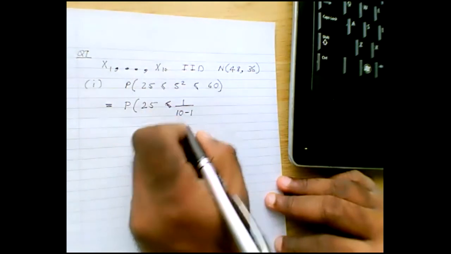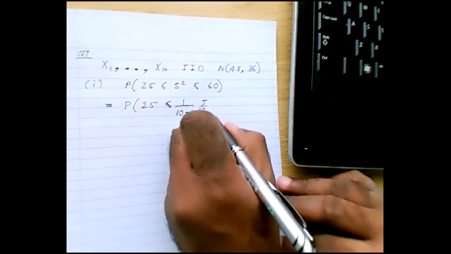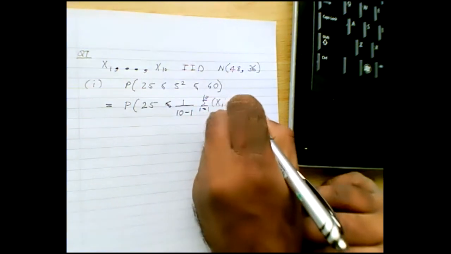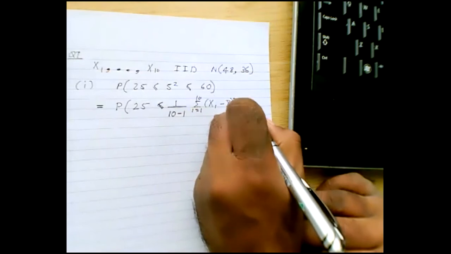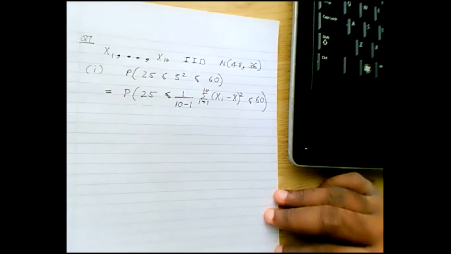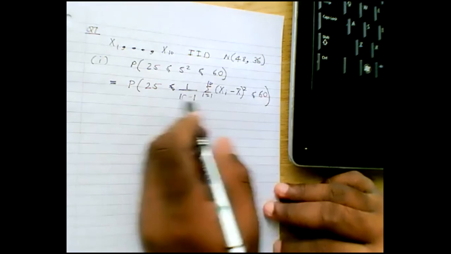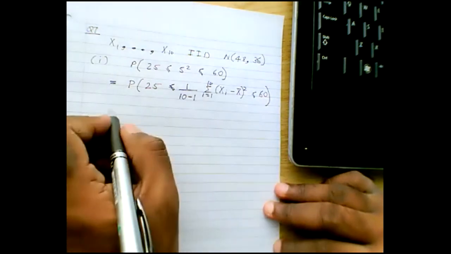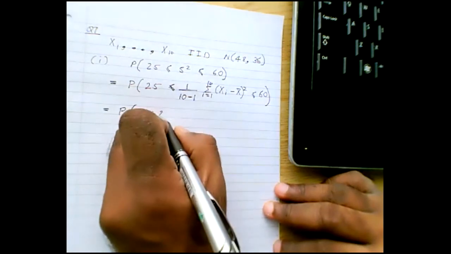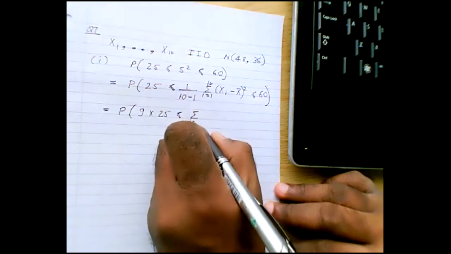So this is 10 minus 1, where 10 is the sample size, times the sum of (xi minus x bar) squared, less than or equal to 60. You with me so far? Now 10 minus 1 is 9. I'm going to multiply everything within the brackets by 9 now. So you get the probability 9 times 25 less than or equal to the sum.